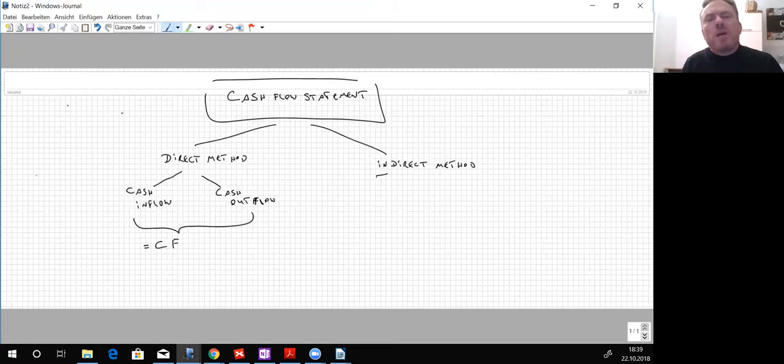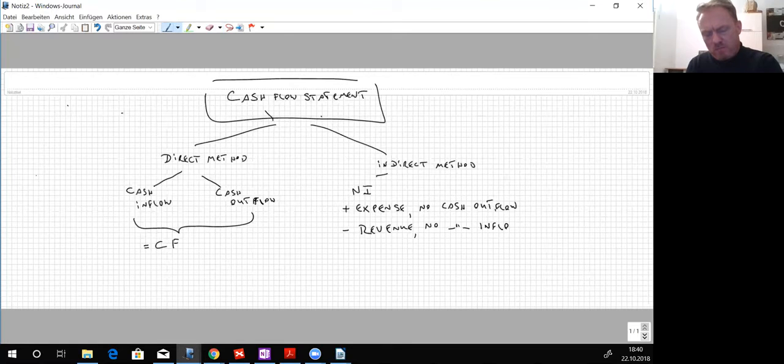As I put it here, the indirect method goes this way. It goes net income, first of all, net income, plus expenses that were no cash outflow, no money leaving the company, minus revenue that was no cash inflow, plus cash inflow that was no revenue.